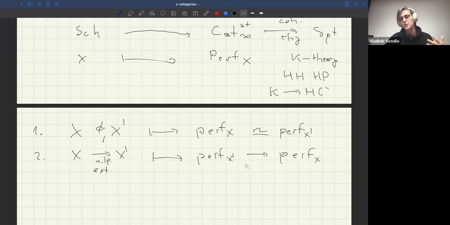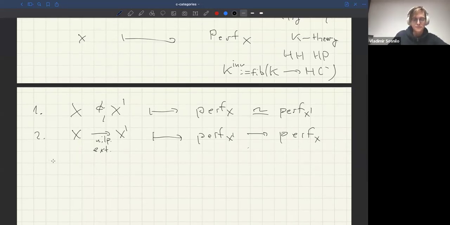In particular, you want to define a class of functors that you want to call nilpotent extensions, so that you can formulate this theorem of Dundas-Goodwillie-McCarthy, which tells you that under nilpotent thickenings, the fiber of this cyclotomic trace is invariant. So we want some kind of categorical nilpotent extensions.